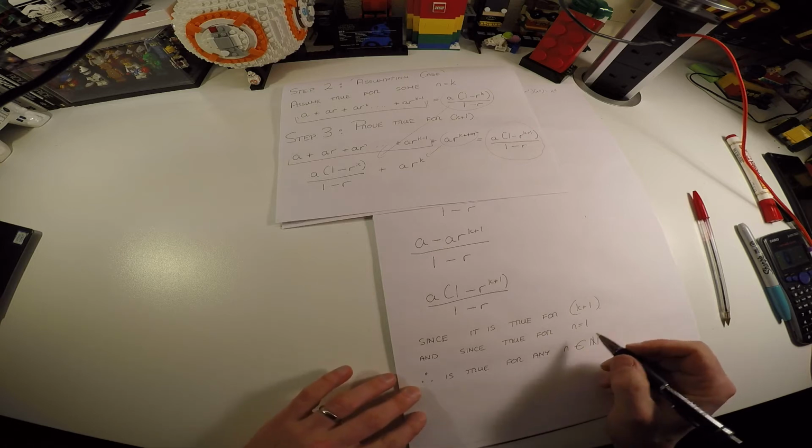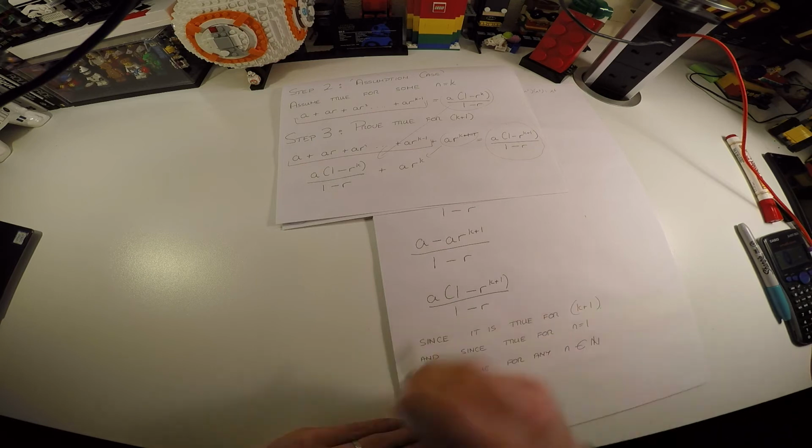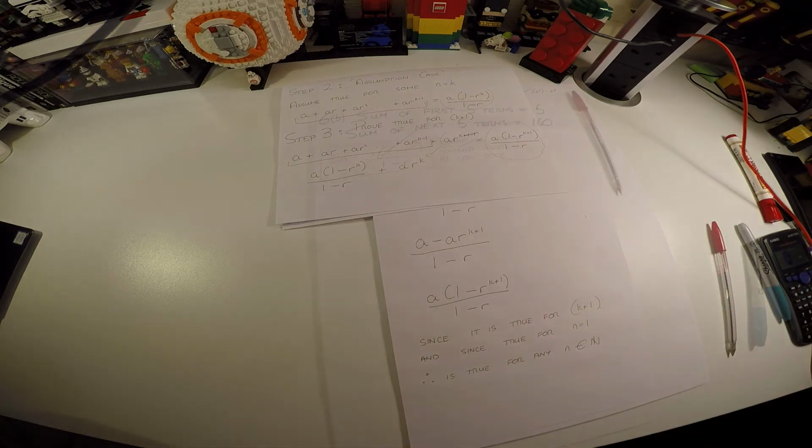You wouldn't know the 1.5 term. So there's a nice fancy sentence you can learn off, but every proof by induction has to finish like that. And that's that one done.